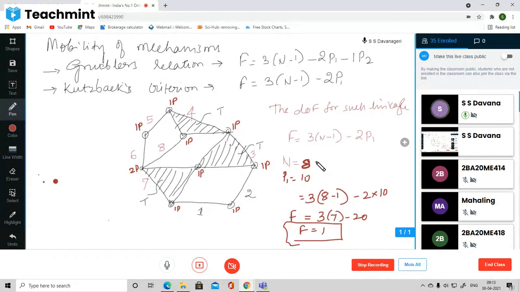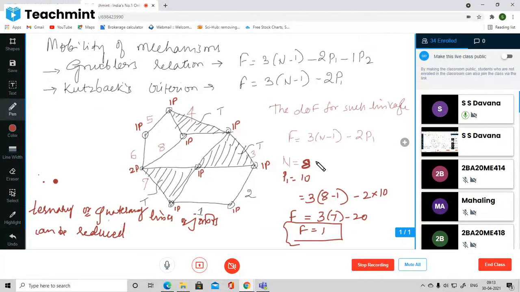So if it has ternary or quaternary links or joints, they can be reduced by providing double joints also.